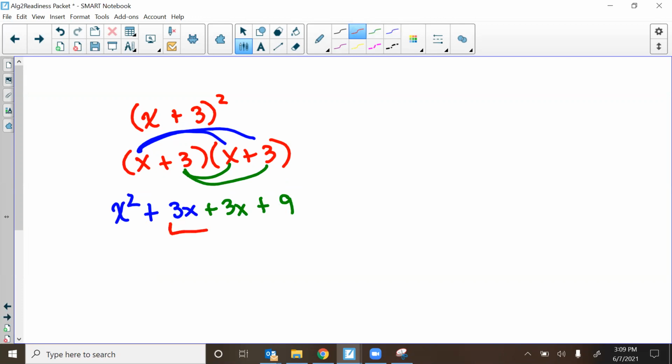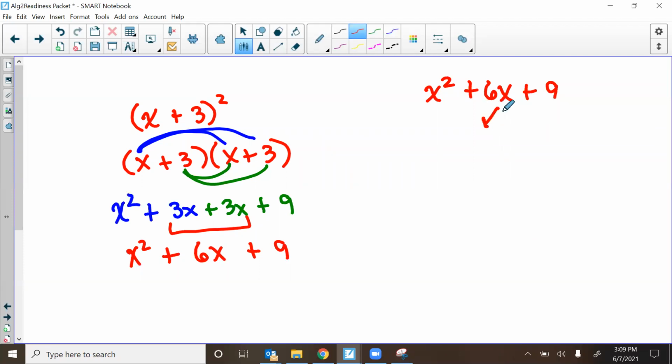And then these two will always come together. So then I have x squared plus 6x plus 9. If we were to go backwards and start with what we call a perfect square trinomial, we could factor this and break this up into a 3x and a 3x.